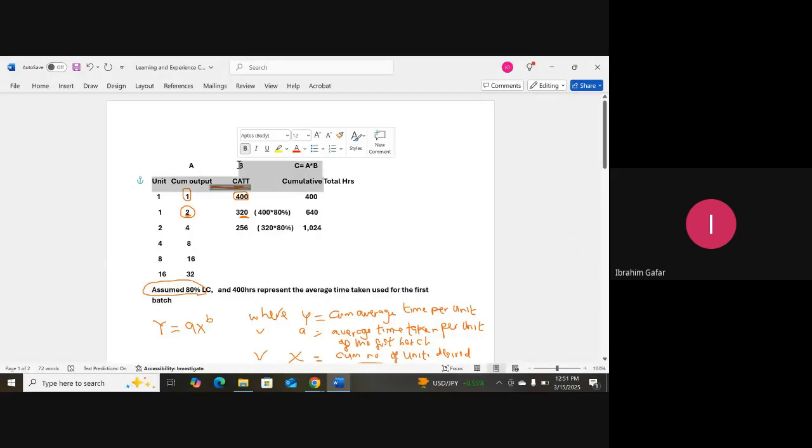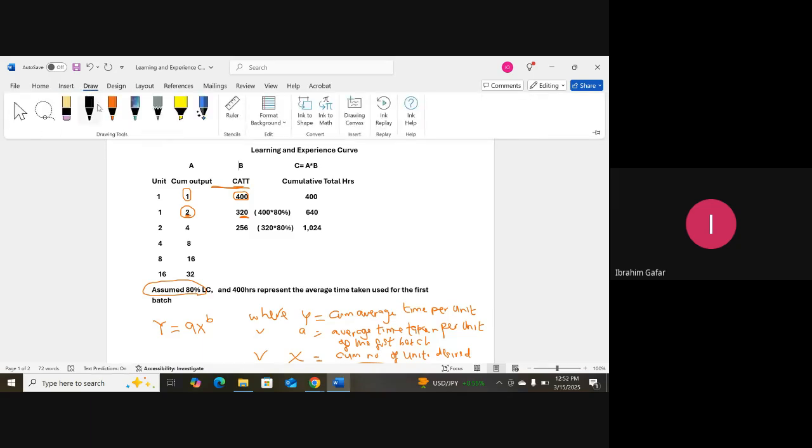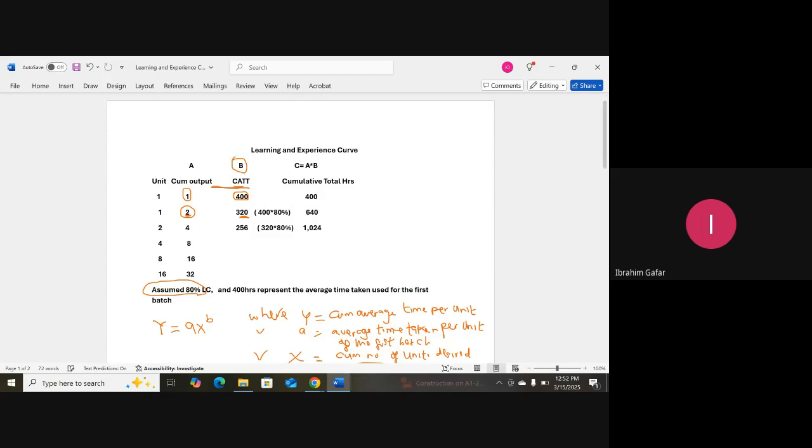Then if B is missing, how will I get B? I will say C divided by A. Is it clear?